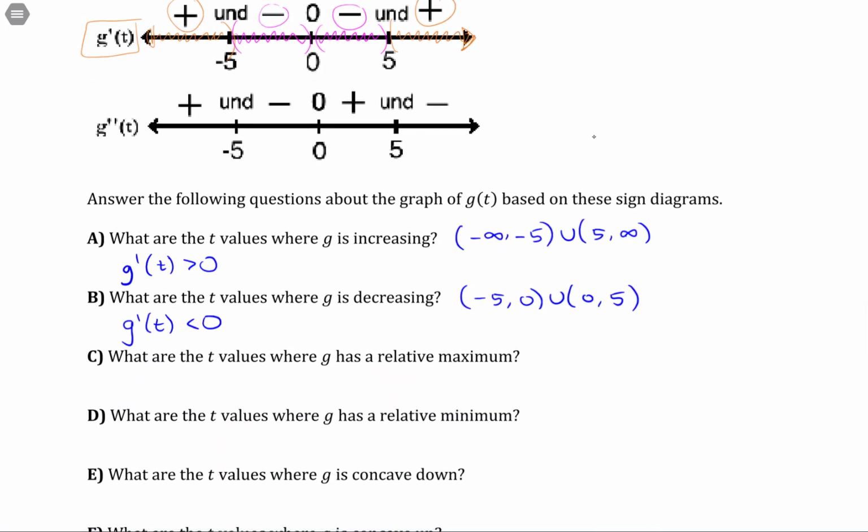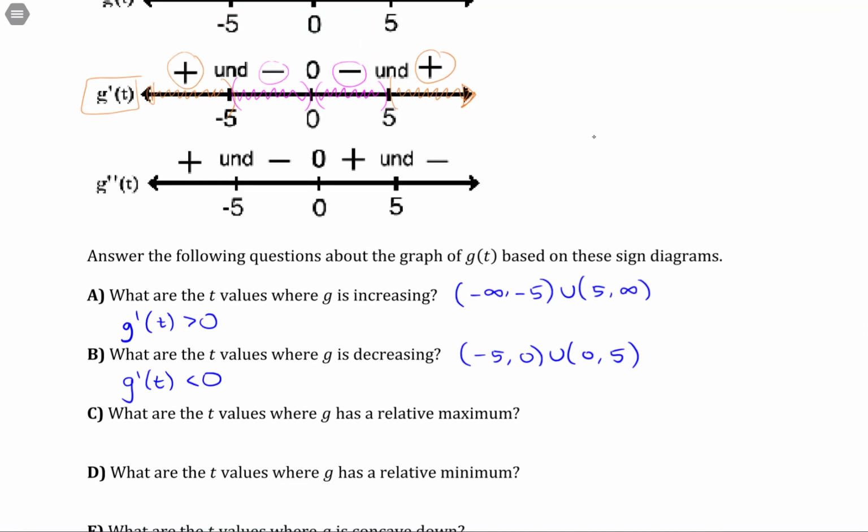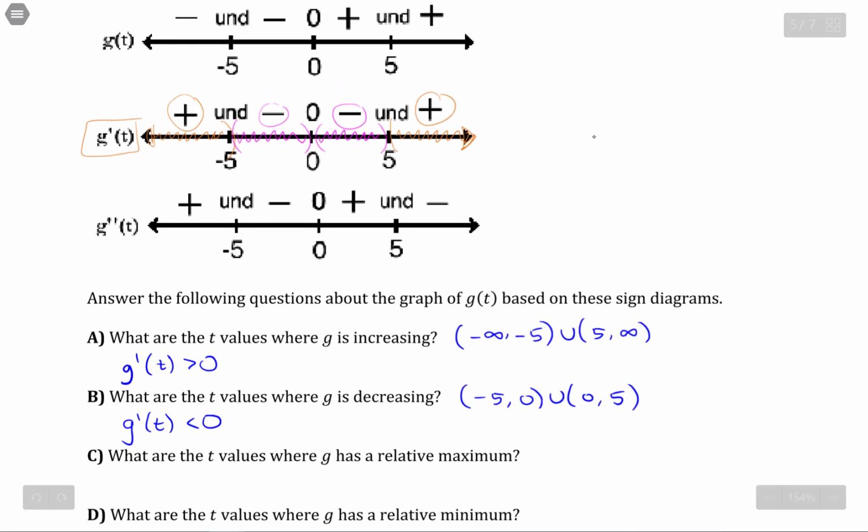What are the t values where g has a relative maximum? A relative maximum occurs when we go from increasing to decreasing, because at a critical value we would have a maximum. That means the first derivative would be positive and then negative.